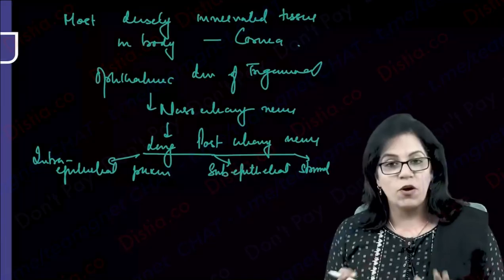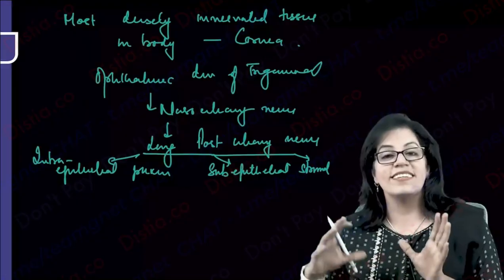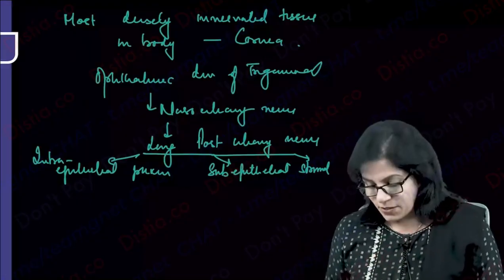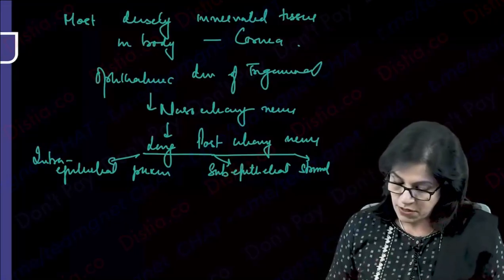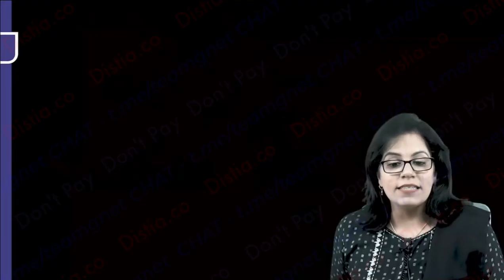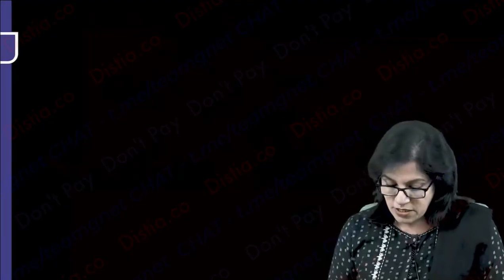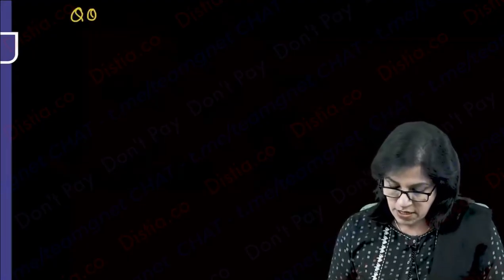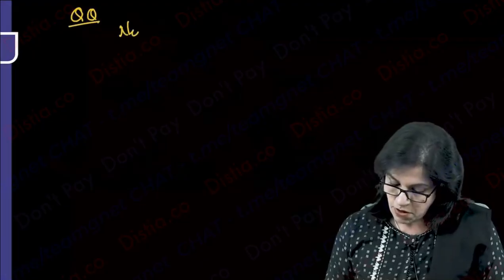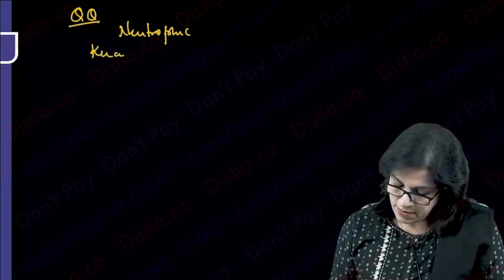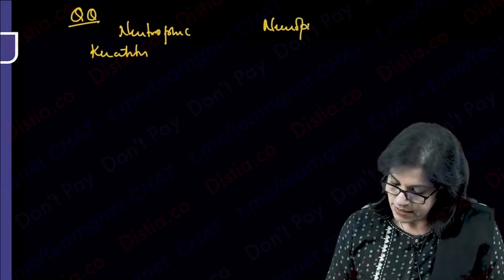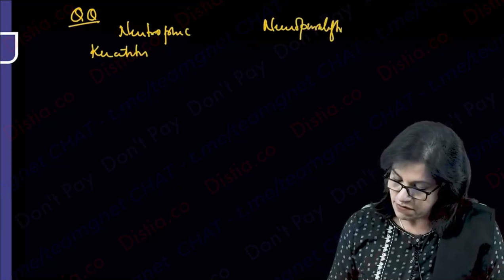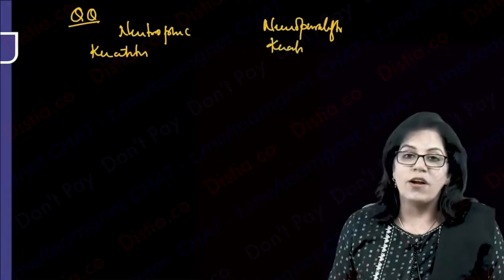That is why it is densely innervated. Now what is the applied point you have to keep in mind here? It is about neurotrophic keratitis, which is important for the exam, and another term, neuroparalytic keratitis. You just learned with me that mainly the fifth nerve is supplying the cornea.